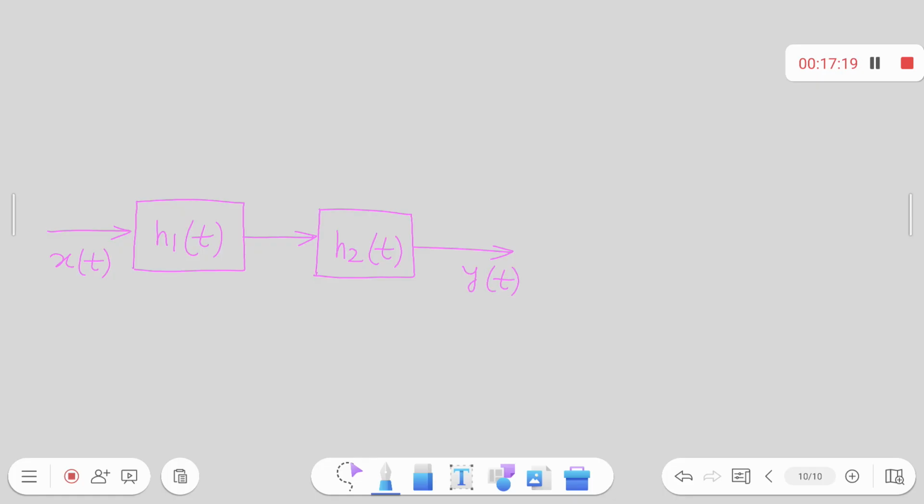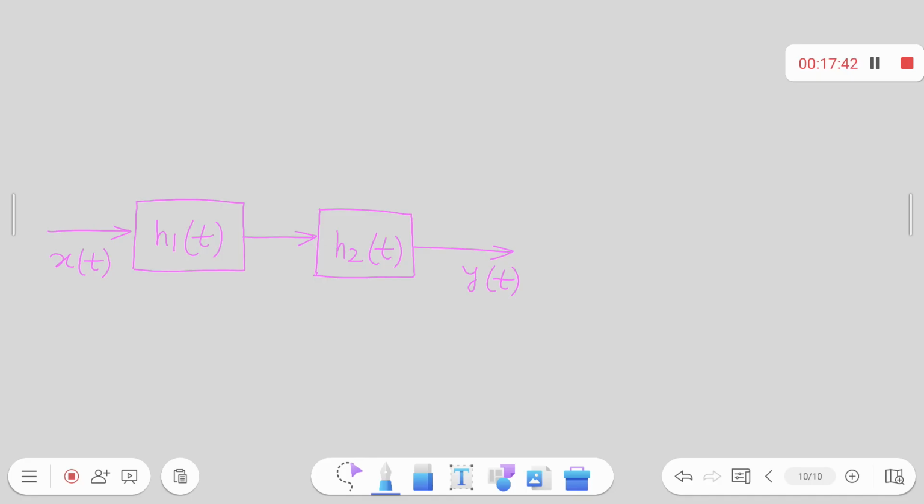This is known as the cascading of systems. The first system has impulse response h1 of t, then you have the second system h2 of t. You can have multiple systems after h2 of t as well, and then you get the final output y of t.